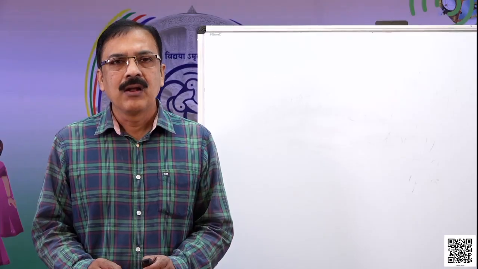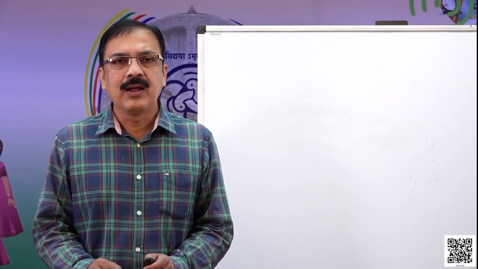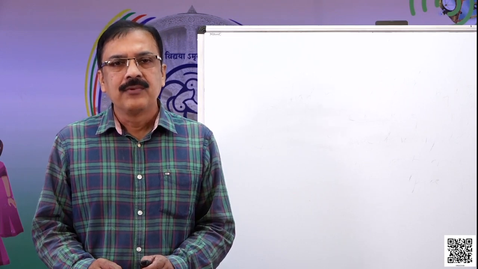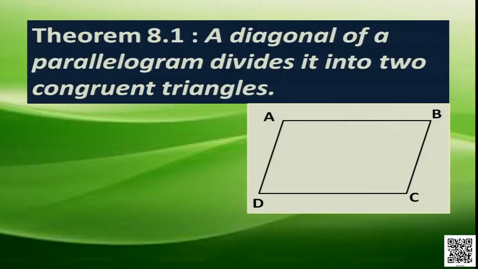Whenever we draw a diagonal of a parallelogram, we can see two triangles. Here ABCD is a parallelogram and AC is one of its diagonals. So we get two triangles here, that is ABC and triangle ADC.